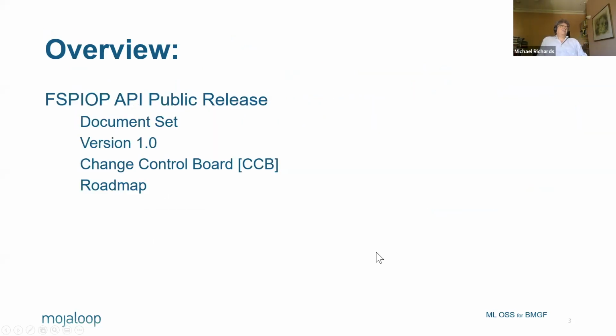So the API itself, there's a central API, the Open API definition. That's been released. These slides are out of date. Sam's going to smack me, I know. We are now on version 1.1, which has just been released. And the management of that API is the remit of the Change Control Board.